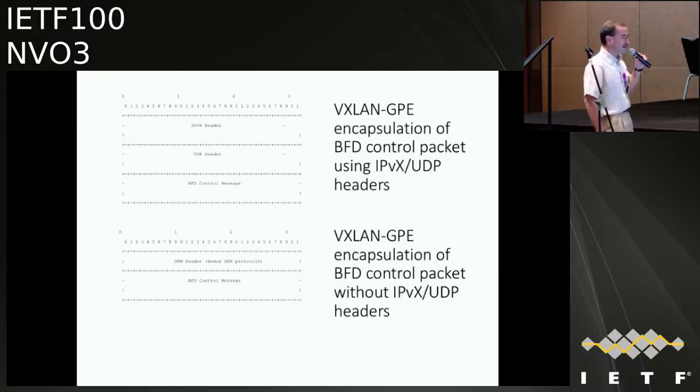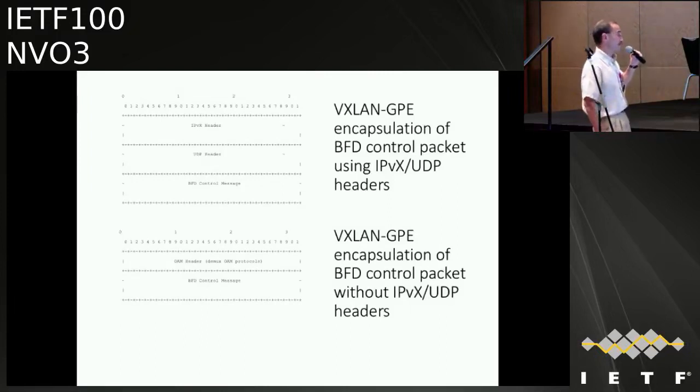It can have either IP encapsulation to do demultiplexing of the BFD control packet using the well-known UDP port for the single hop BFD session in the forward direction, or it can use the OAM header, and then the BFD control message can go without any IP UDP overhead.